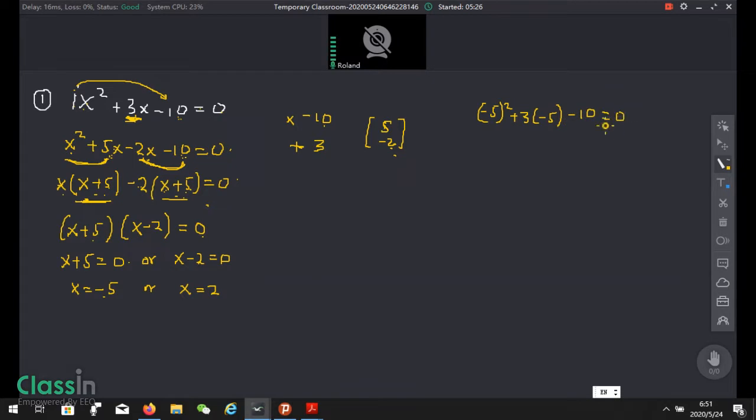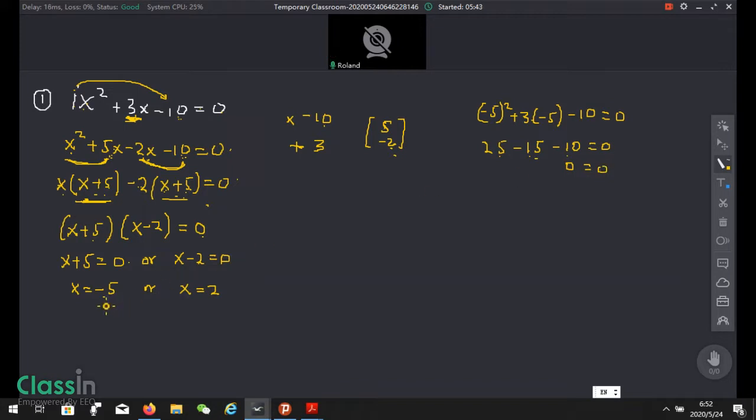This must be 0. Negative 5 squared is positive 25. 3 times negative 5 is negative 15, minus 10. Of course, 25 minus 15 is positive 10. 10 minus 10 is 0.